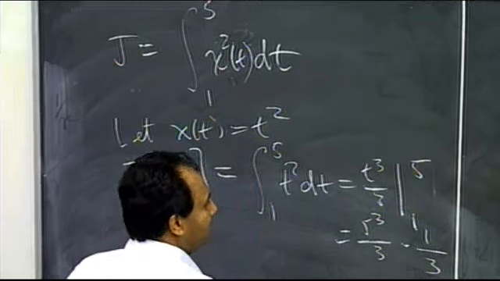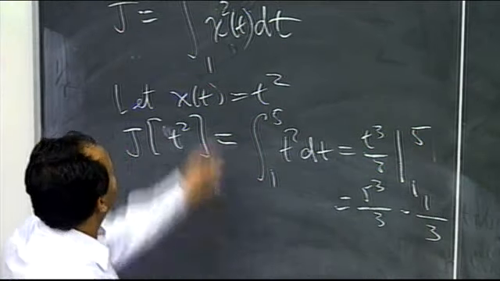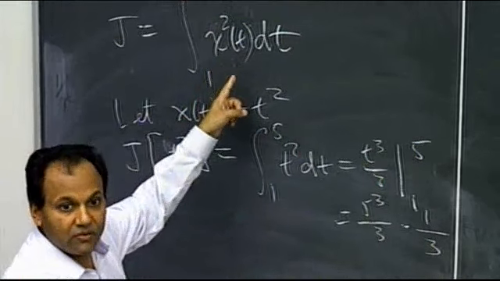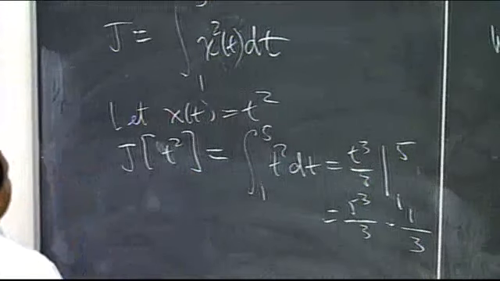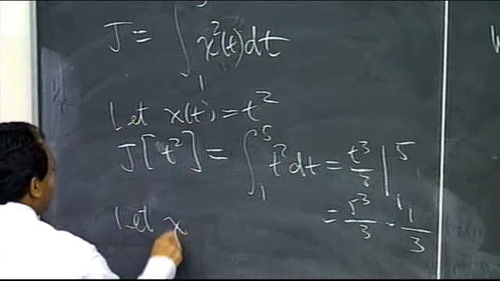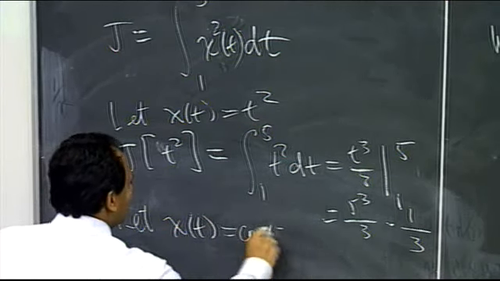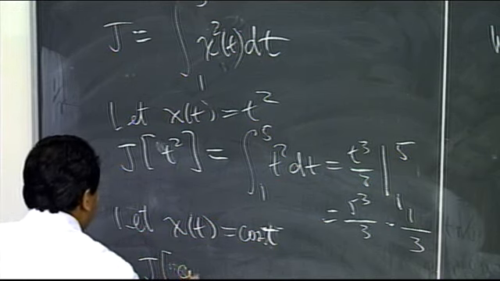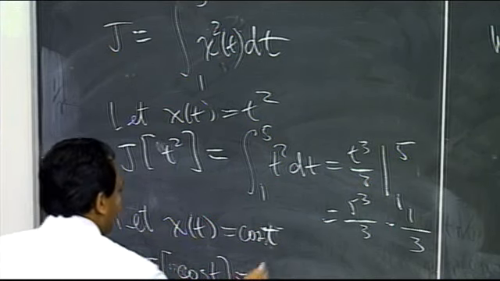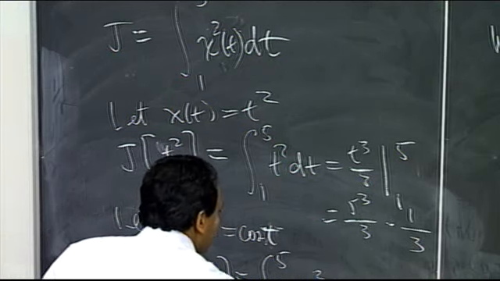Right? Is that a function of t? It's not. Is it a function of t? Yes or no? What if I change the function? What if I say let x of t equal cosine of t? Now what do I get? I get j applied to cosine of t is equal to the integral from 1 to 5 of cosine squared t dt.